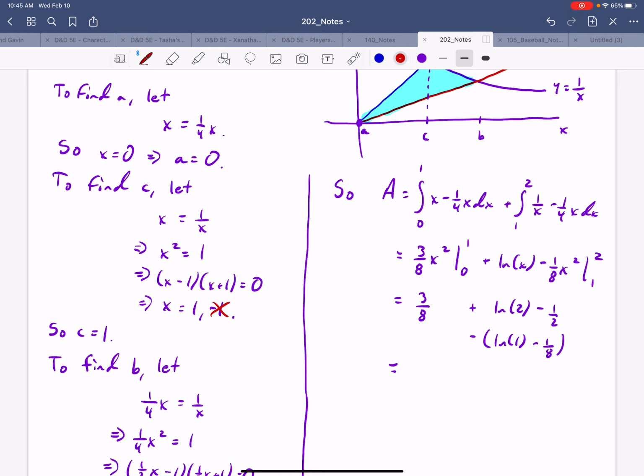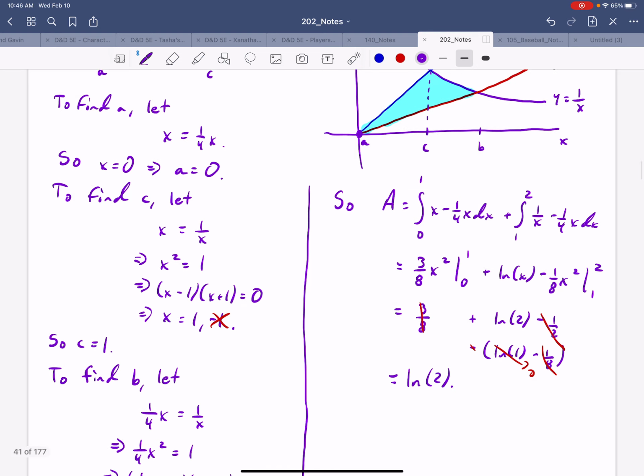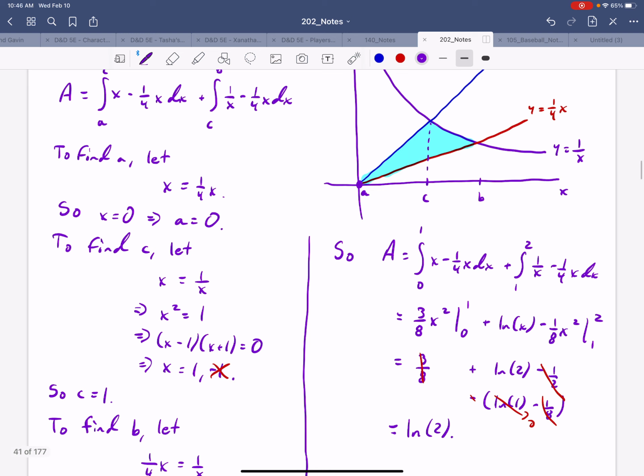Just note that this and this cancel out. This cancels out because it's 0. So it looks like our answer is ln of 2. And ln of 2, by the way, is a little bit less than 1. So that's how you do that one.